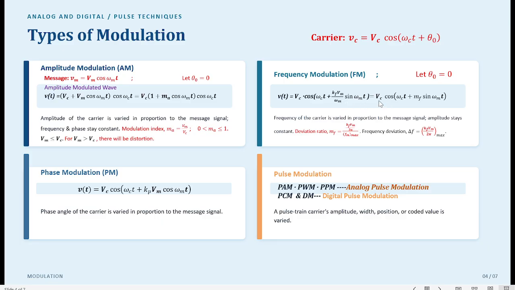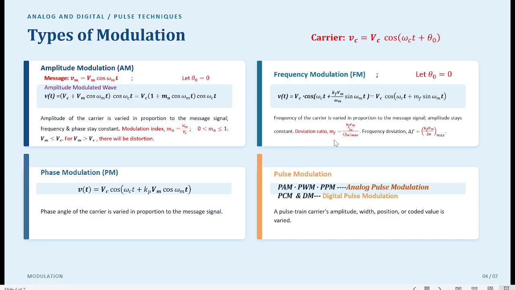So Vc cos of omega c t plus mf sin omega m t. As the modulating signal varies, the carrier frequency also varies. So this is frequency modulation.